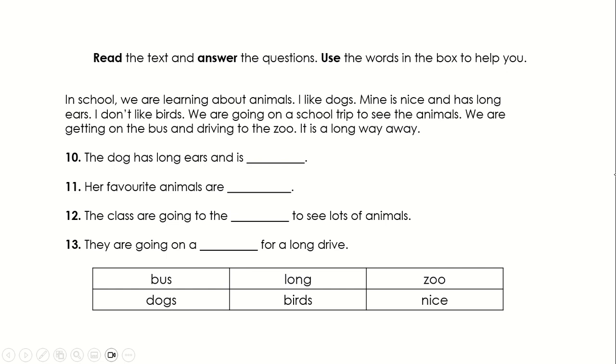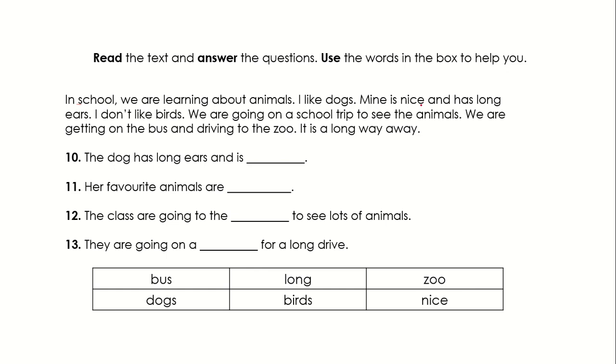Okay, now let's move on to this type of question. Please, when you are reading, remember to underline, circle, highlight. Think carefully about what you are looking at and what you are looking for. In school, we are learning about animals. I like dogs.